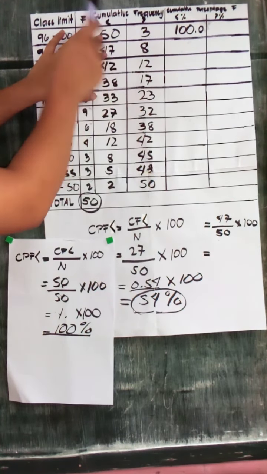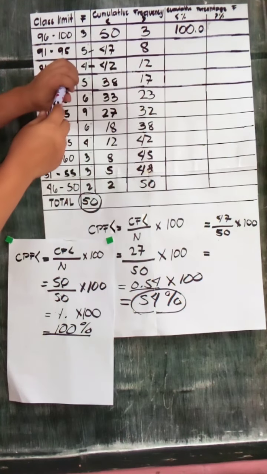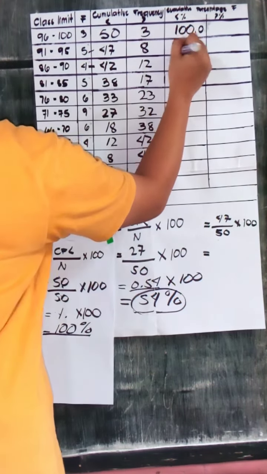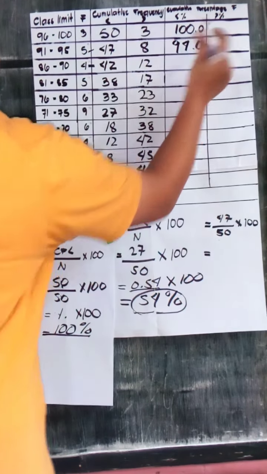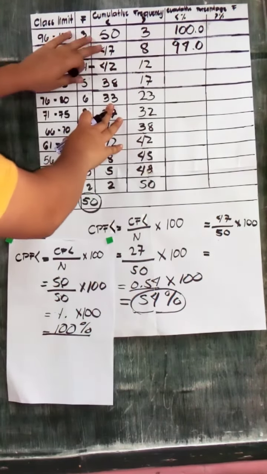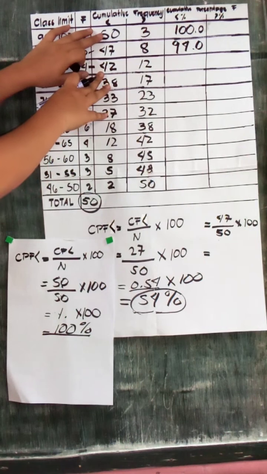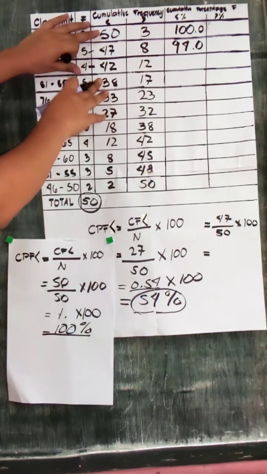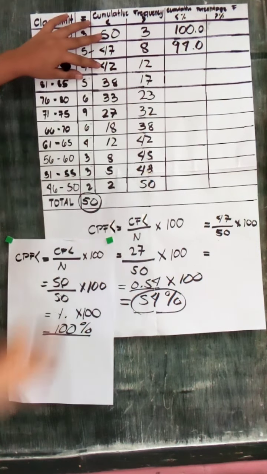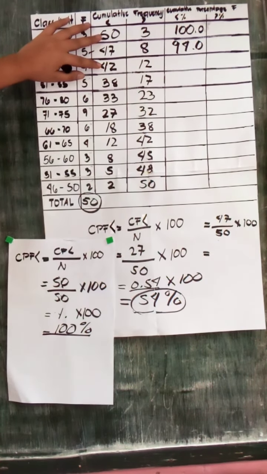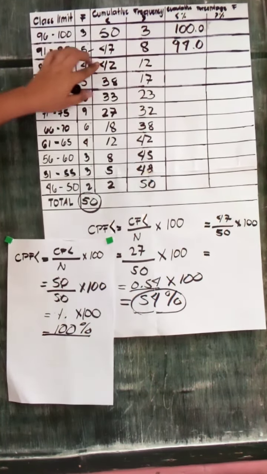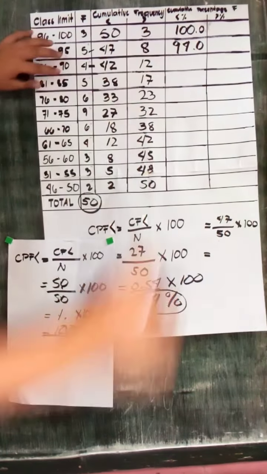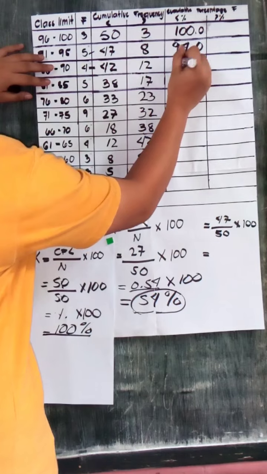94% times 100 is equal to 94. Then 42 divided by 50 is equal to 84, so 84 times 100 is equal to 84%.